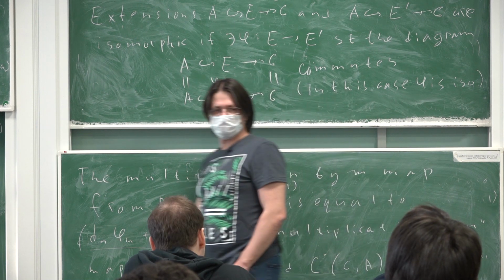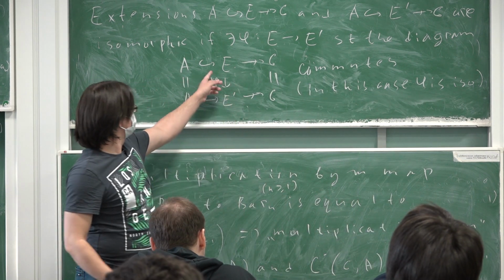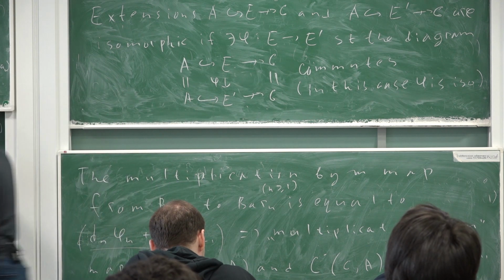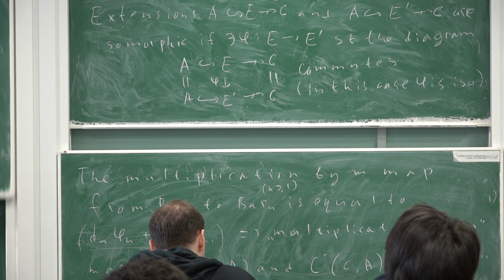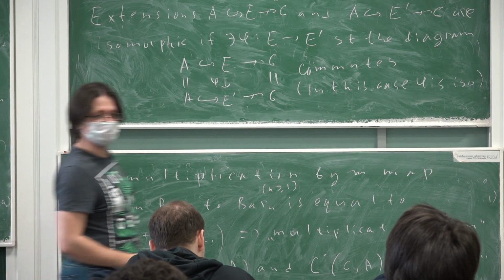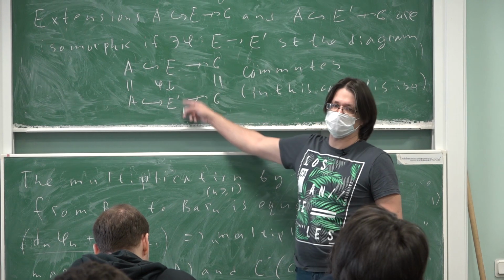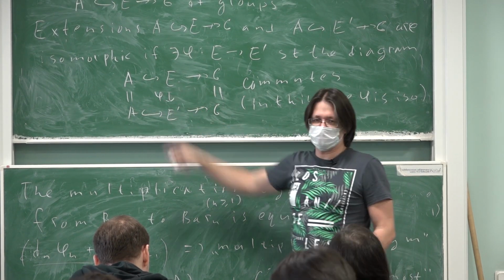What do you mean in this case? If there is such phi that this diagram commutes, then if extensions are isomorphic, this phi is an isomorphism.